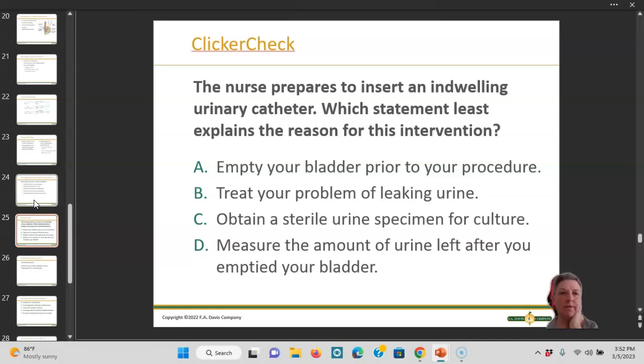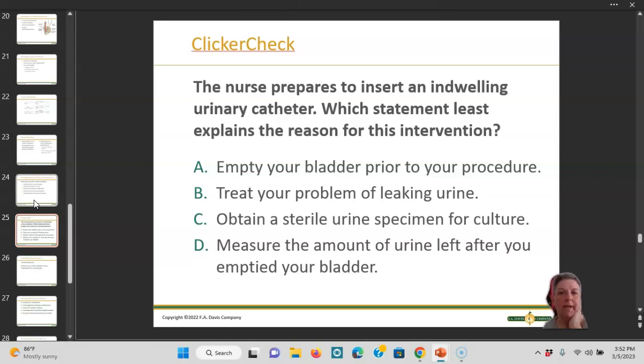Think about this. Which ones would I use a straight cath for, and which ones would I use an indwelling catheter for? Measure the amount of urine left after you empty your bladder. You're probably not going to use an indwelling catheter if it's not staying in.